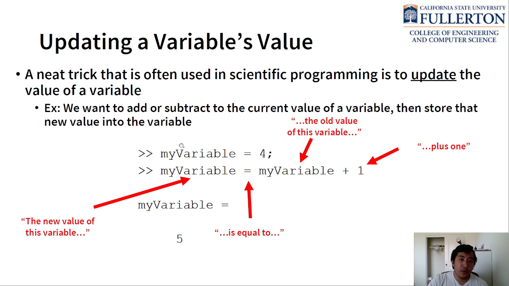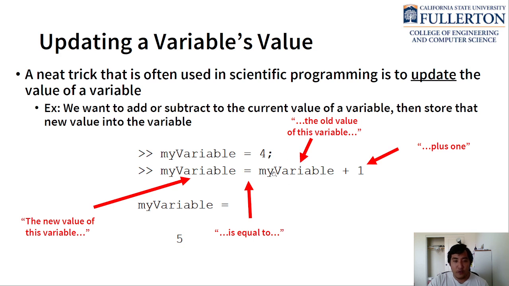In this example, I define my variable as 4, and let's say that I want to add 1 to it. The way that we do that is we use the assignment operator. We say my variable is equal to my variable plus 1. The way to read this in plain human speak is that the new value of this variable is equal to the old value of this variable plus 1.